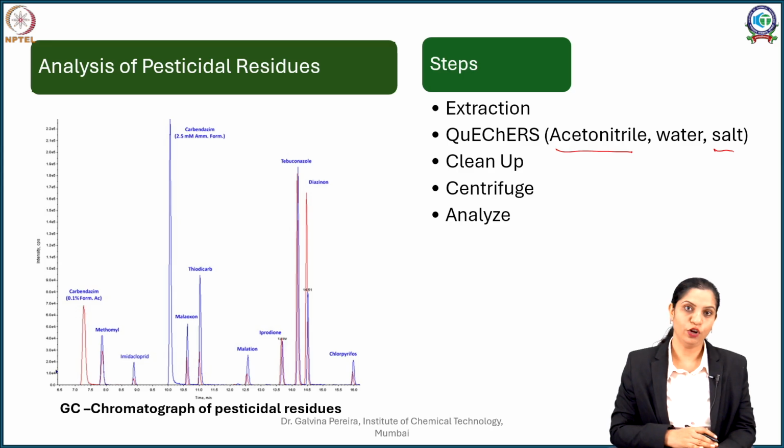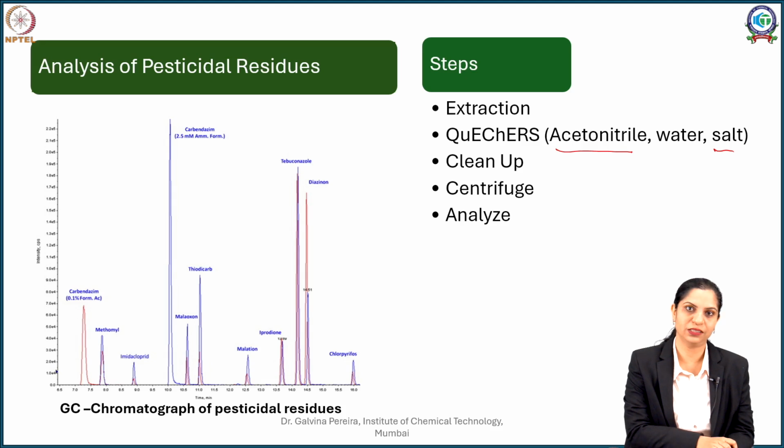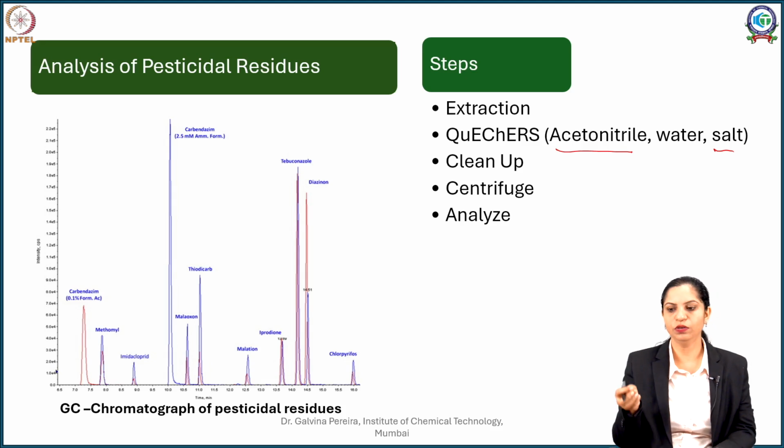The good part is that nowadays most of the equipment, especially from makes such as Agilent or Shimadzu, already have preset software for pesticides. So if you already have a program in your machine, you just run your sample.